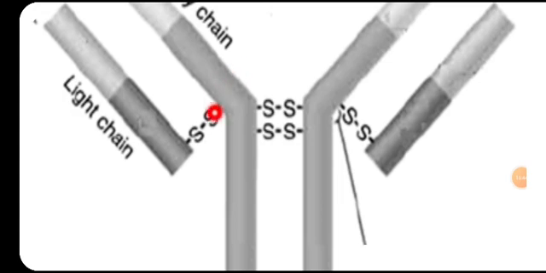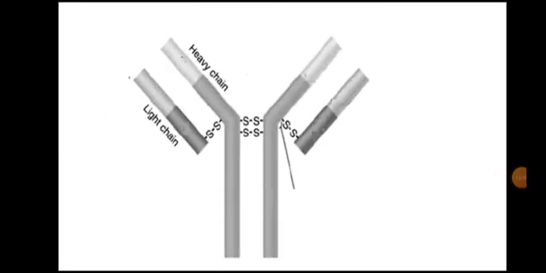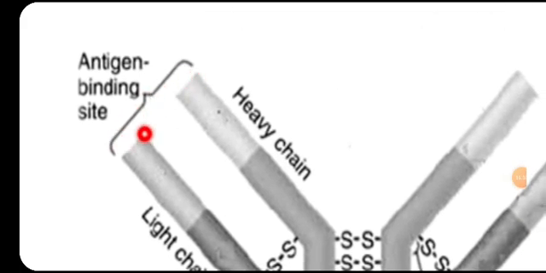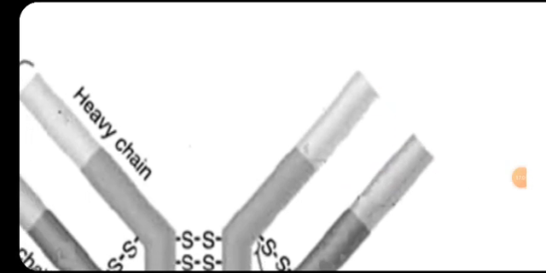This region is called as hinge region, which is flexible. Then this is the site where antigen binds. So it is called as antigen binding site. So this site and this site are identical.